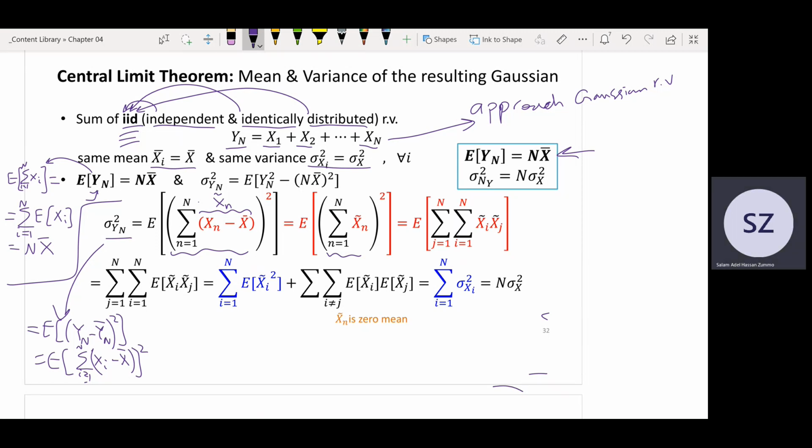Now what do we have? The expectation is a linear operator, so we can take it inside and the summation outside. So this is the double summation over i and j of the expected value of xi tilde, xj tilde. But what is this?